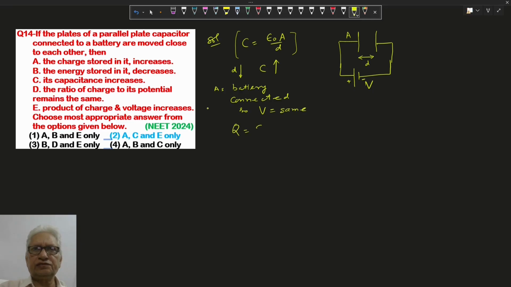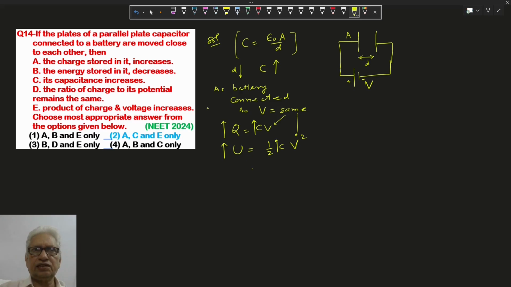Charge Q is equal to CV. The voltage is the same, but capacitance increases, so the charge stored also increases. Now energy, potential energy stored. The formula here is half CV square, which also increases.